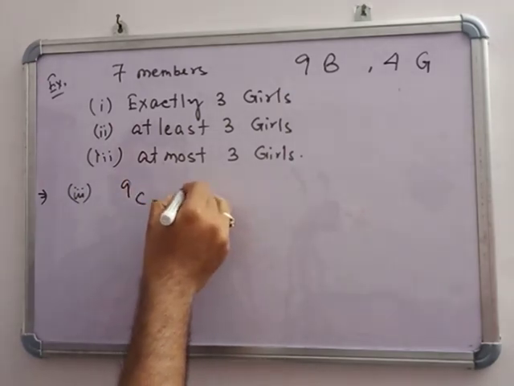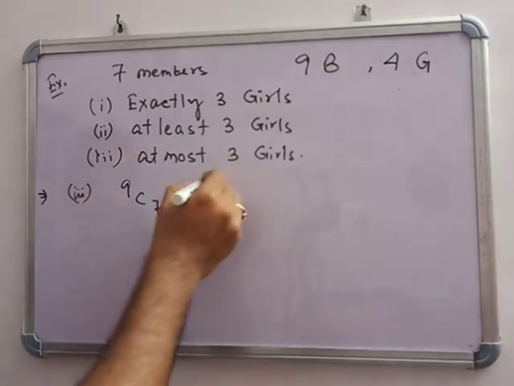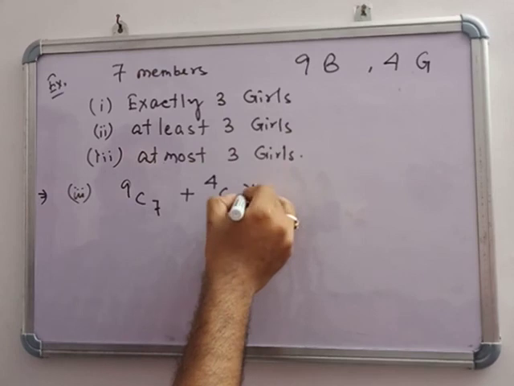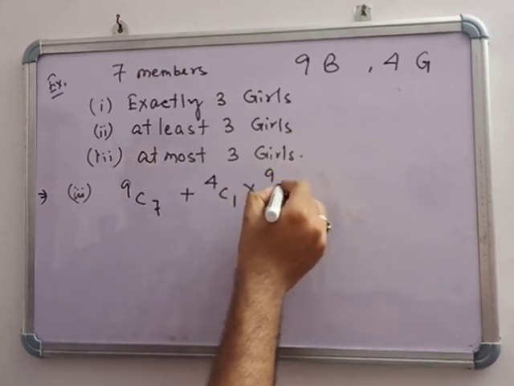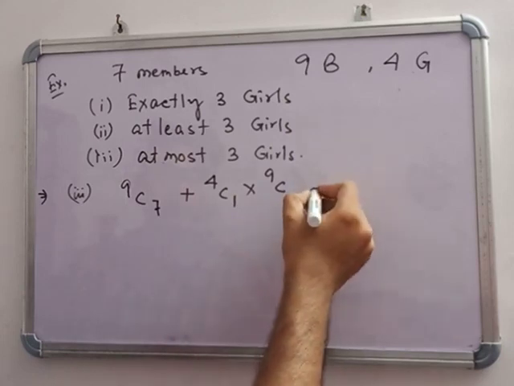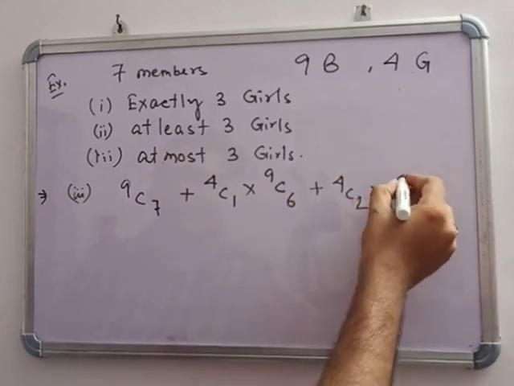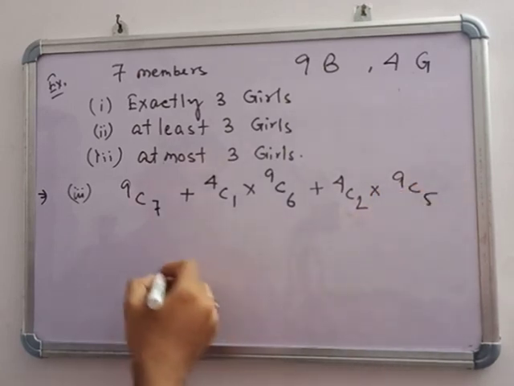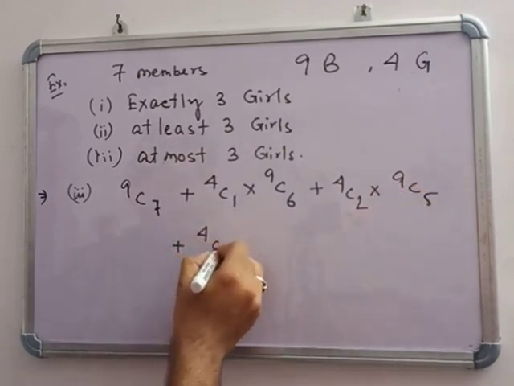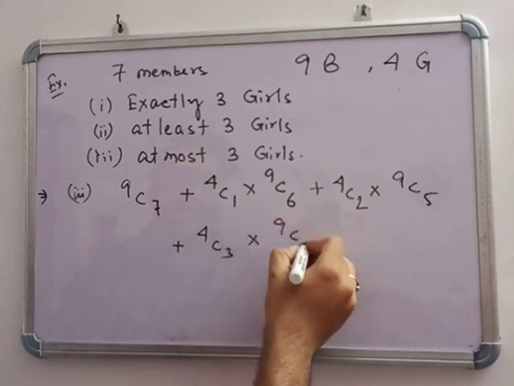Next, if you take 1 girl, that means 4C1 into 9C6, 6 plus 1 is 7. Then 4C2 into 9C5. And the last one, 4C3 into 9C4.